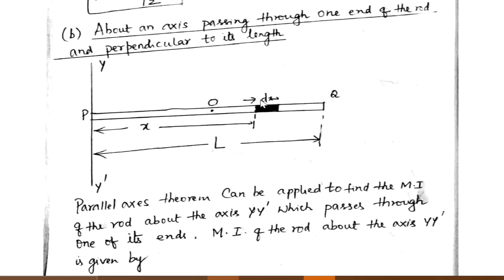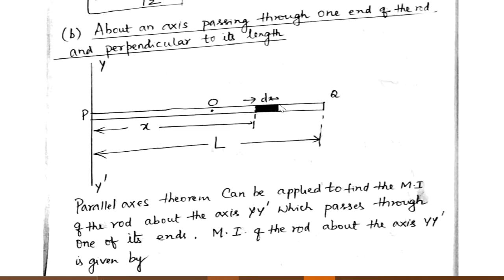PQ is the rod, O is the center, and L is the length of the rod, M is the mass of the rod. Consider the axis YY dash at one end of the rod and perpendicular to its length. To find moment of inertia about this YY dash axis, you just consider a small section in the given thin rod.